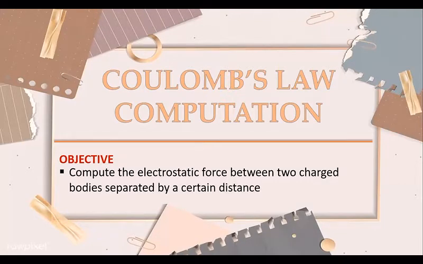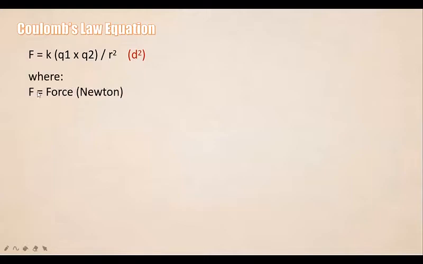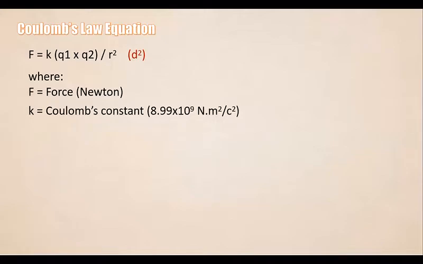Let's review first the mathematical equation of Coulomb's law before proceeding to the sample computations. Coulomb force is mathematically expressed as F equals K times the product of Q1 and Q2 divided by R squared or D squared, where F is the force, which has a unit of Newton with the symbol N, while K is the Coulomb constant with a value of 8.99, or simply 9 times 10 raised to 9 Newton per meter square per Coulomb square.